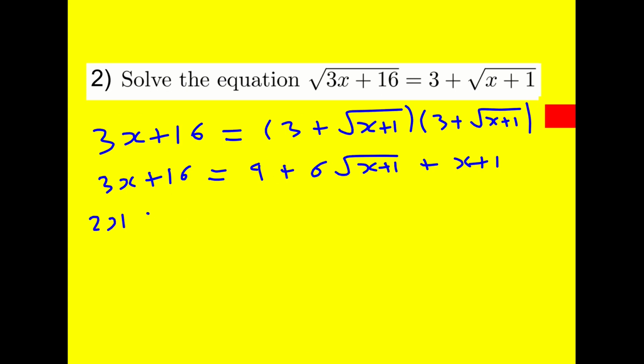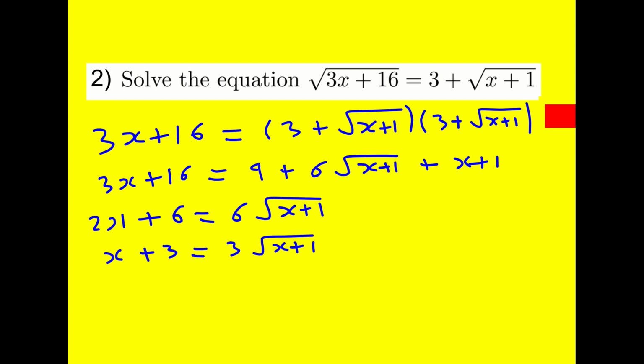I can minus 10 from both sides. It's going to be 6, and that is equal to 6 lots of root x plus 1. And I would say let's divide through by 2 before we do anything else, just to make the numbers nicer. We've then turned it into the same thing as before, so I'm going to square both sides again.